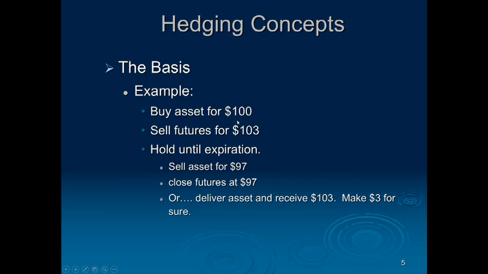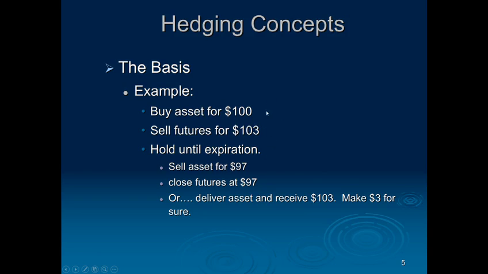So if I buy the asset today for $100 and I go short on the futures, I can sell that asset that I've bought for $103. It does not matter what the final spot price is. If I hold to expiration, I will be guaranteed to make $3.